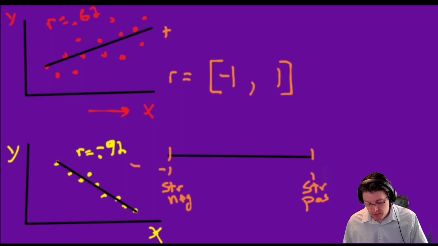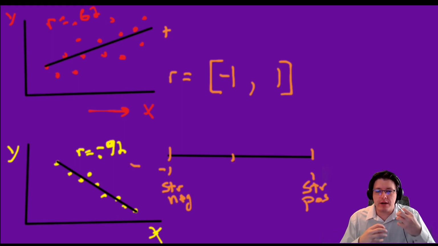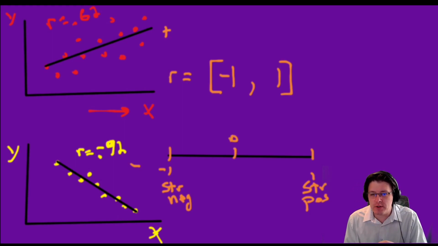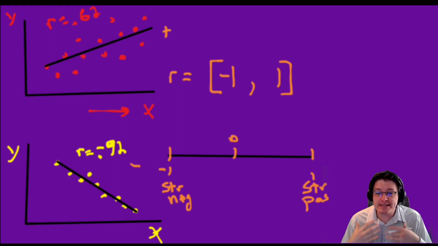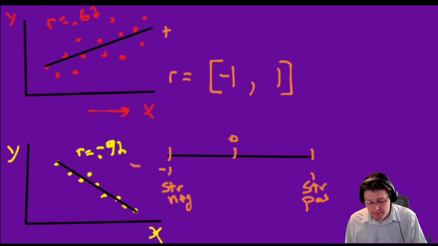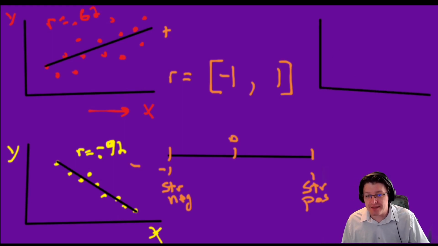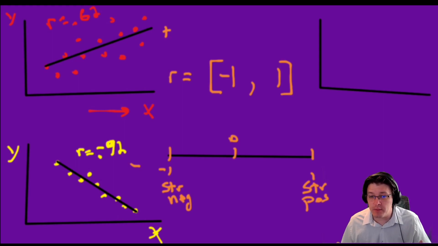Going back to our number line, we'll eventually learn how we exactly calculate this, but I want to set us up for what to anticipate. We have 0 in the middle, and 0 is saying that there's no relationship. In fact, a lot of variables are uncorrelated with one another.